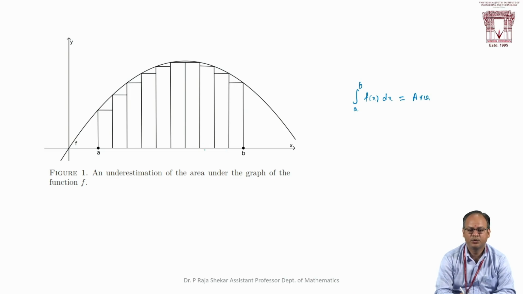In order to compute the area, we consider rectangular regions under this curve. As we find a gap at these rectangular areas, this is called underestimation of the area under the graph of f of x.